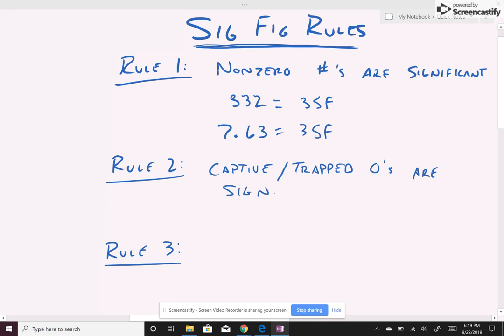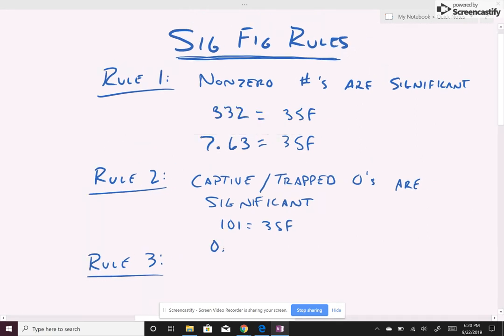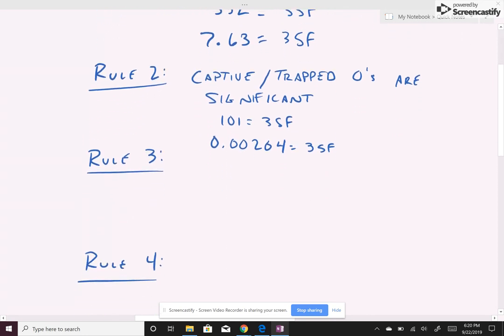And so some examples would be like 101, which has 3 significant figures, or even if it was a decimal like 0.00204, that means that in this case, this 0 is sandwiched in between the 2 and the 4, which means that it is significant, also making this number 3 significant figures.